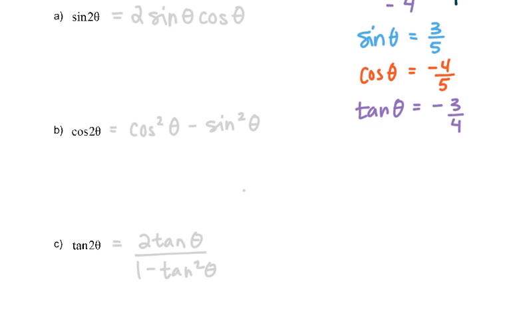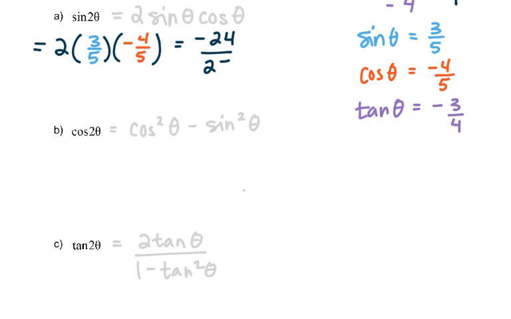So now if we want to find sine of 2 theta, that's equal to 2 times sine theta, 3/5, times cosine theta, -4/5. Simplifying, I've got -24 over 25. That is my sine double angle value.